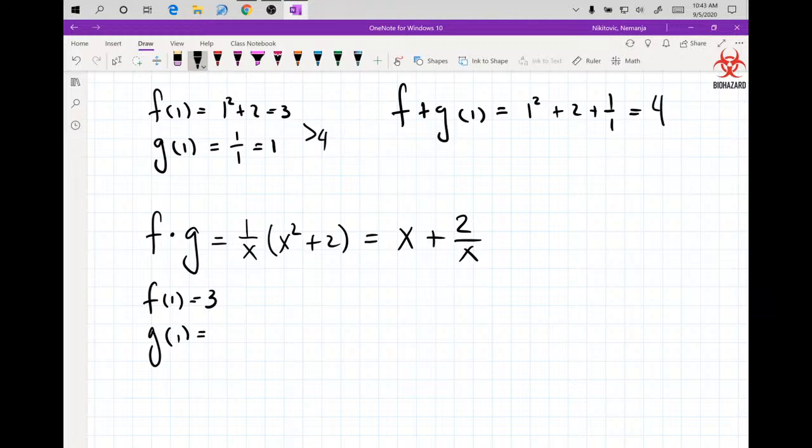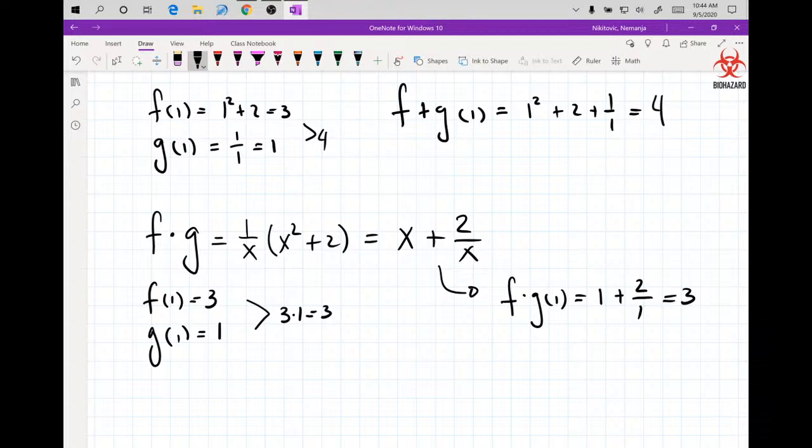G of 1 is 1. So in this case, 3 times 1 is 3. Well, I better get 3 from here. So how much is f times g of 1? It is x, and x was 1, plus 2 over 1, which is 3. There we go. It has to come out to be the same.